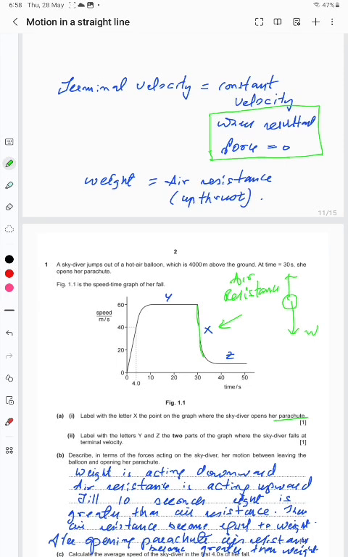The two forces cancel each other and the object falls with terminal speed, constant speed. So you have to label where the speed is terminal, it's constant. So these are the two points Y and Z where the speed is constant. As you can see, a horizontal line, there is no increase or decrease in the speed.